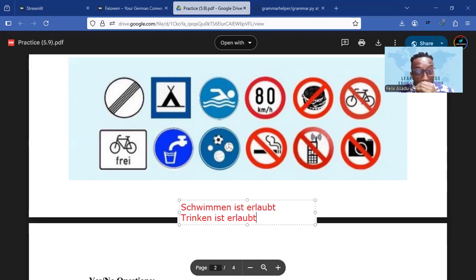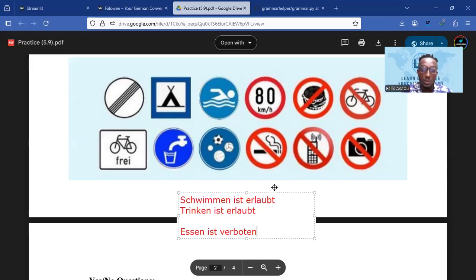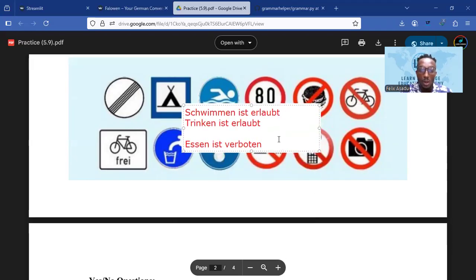Let's check essen. How will you say that food is forbidden? So essen is verboten. Good. So can we change this one here? Is it a question or a statement?